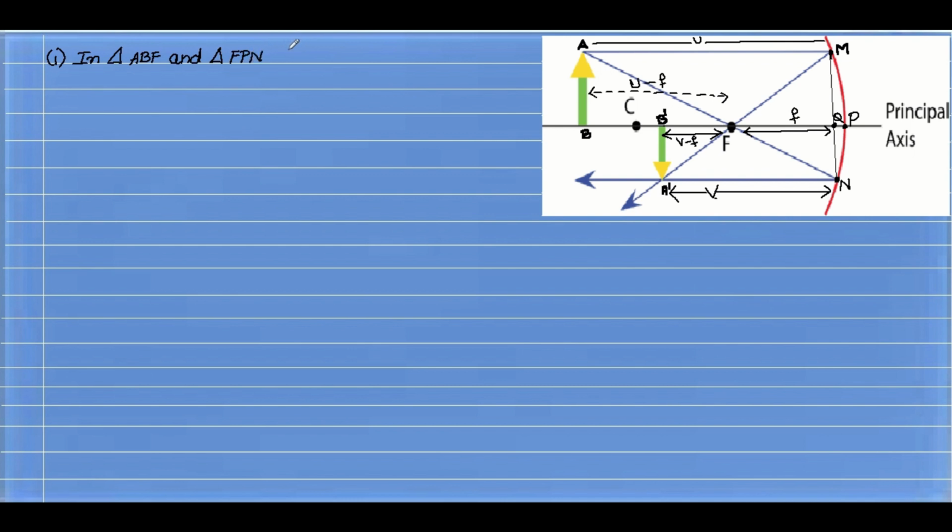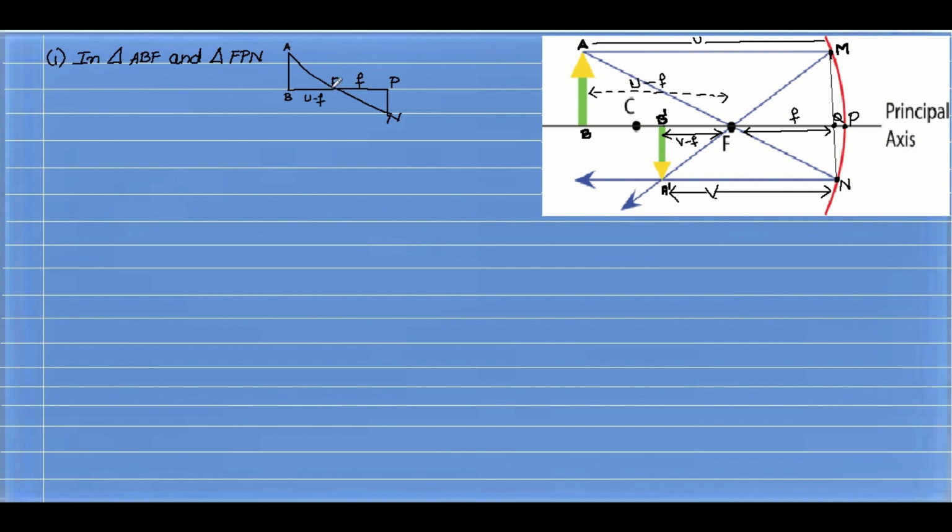One triangle is A, B, F and another one is F, P, N. The distance from B to F is U minus F, and from F to P the distance is F. These are the distances we have to consider here. We need to compare these two triangles.